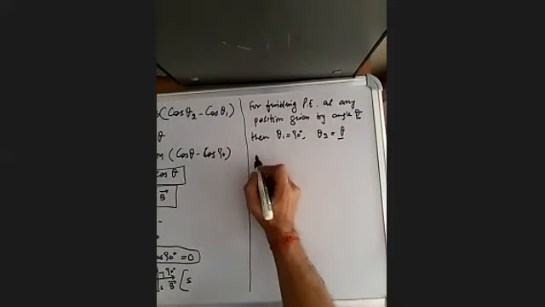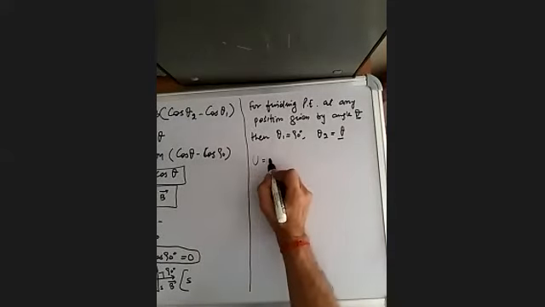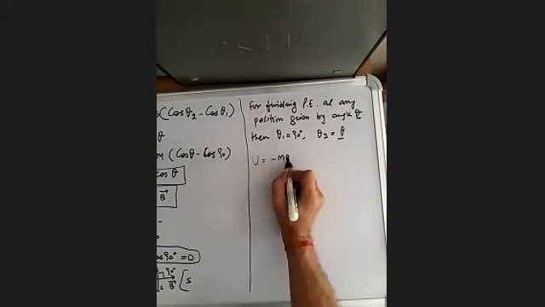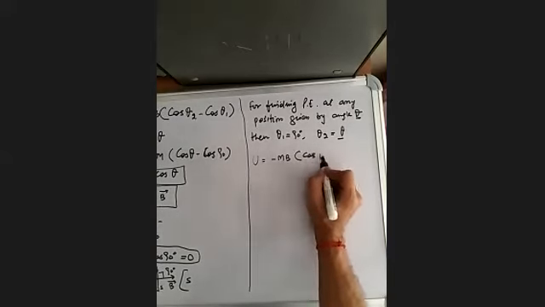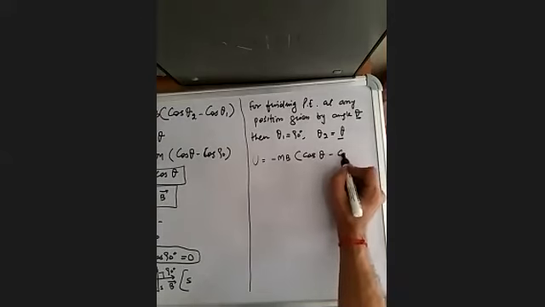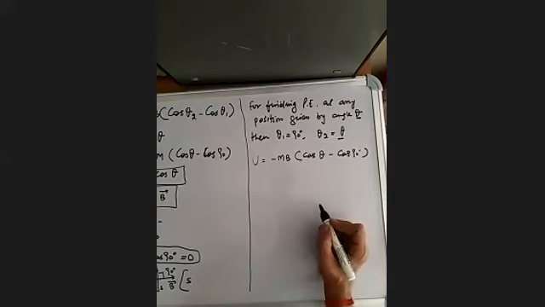So the expression will become U equals minus MB into cos theta minus cos 90 degree. So that is how we find out the potential energy.